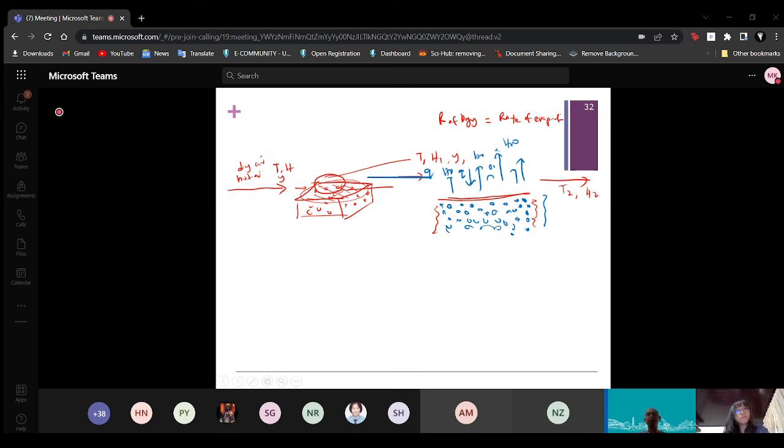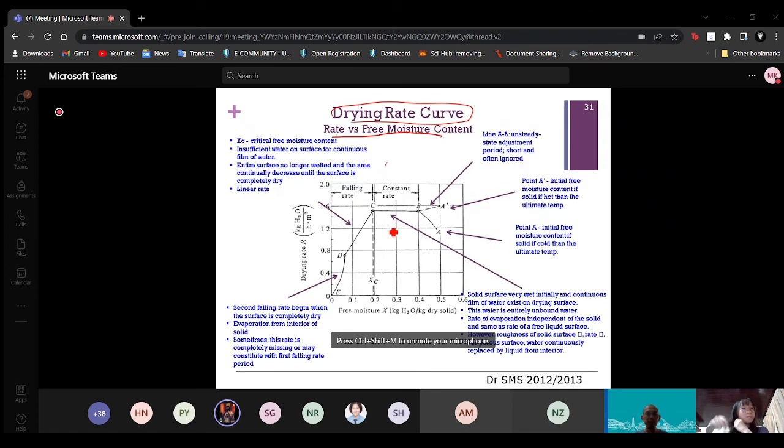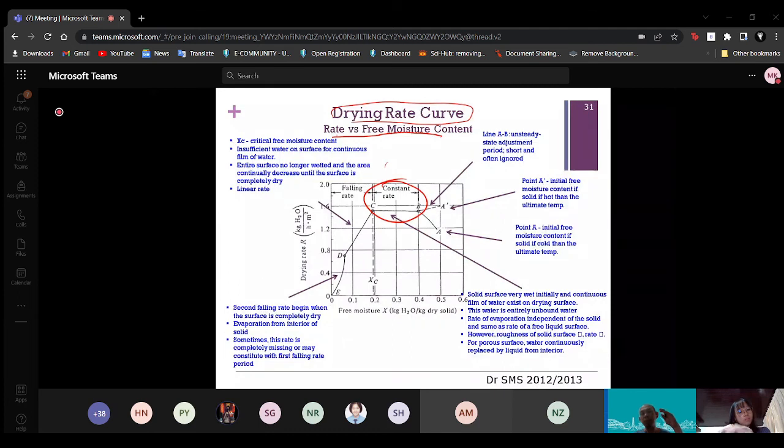Okay, evaporation, because it's all totally depending on the surface yang going up, and the rate here is constant. It's not changing, it's the same. Alright, it's the same. So that's why here you get this constant rate, because it's only the surface that is the first one that will be removing the water moisture there. So the rate of drying is equal to rate of evaporation, and the rate is constant. So that's why you get constant rate kat sini.